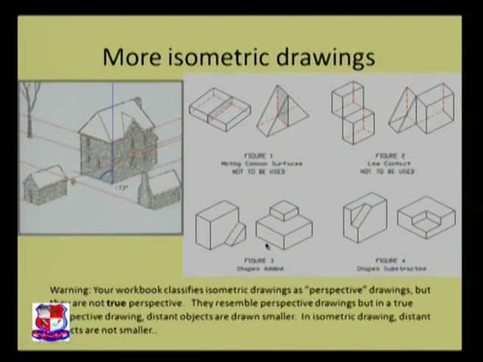But where can we use this kind of drawing? We can use it where we need to add a shape or subtract a shape. As you can see over here, in the rectangle we have added a triangle, so it looks better and we can use this kind of thing.